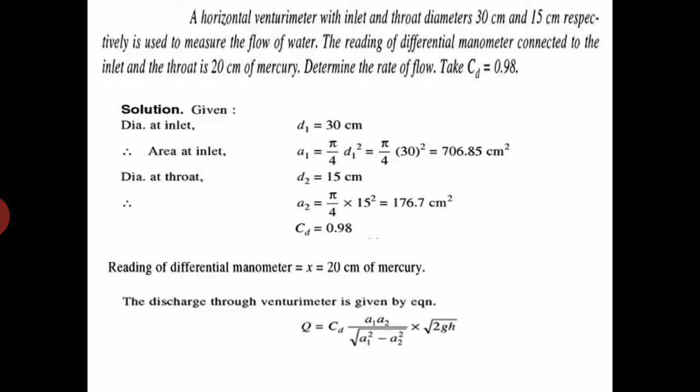The next data being given to us is the value of coefficient of discharge of venturimeter, which is 0.98. Again it is also being given to us that the differential manometer reading connected to inlet and throat is 20 centimeter.